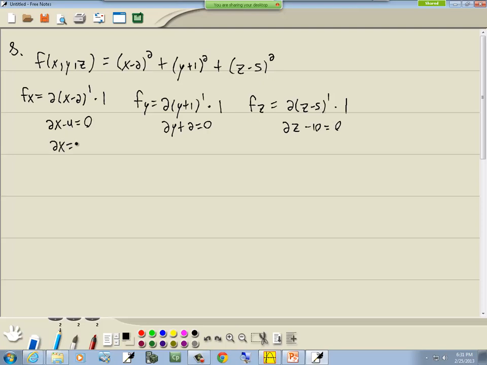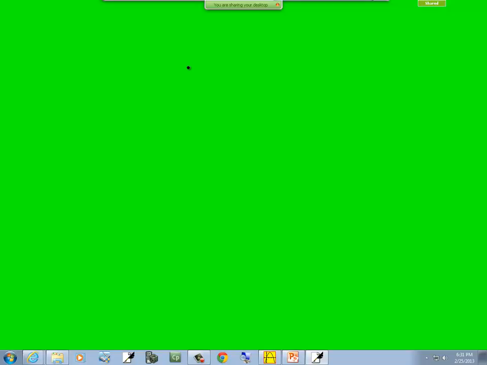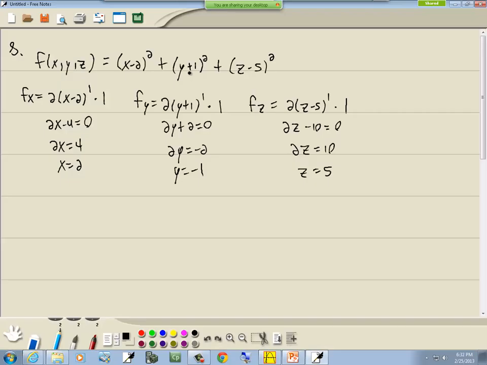So we have 2x equal to 4, or x is equal to 2. 2y is equal to negative 2, or y is equal to negative 1. And 2z is equal to 10, or z is equal to 5. These are all squared, which means that 2 minus 2 is giving me 0, negative 1 plus 1 is 0, and 5 minus 5 is 0.